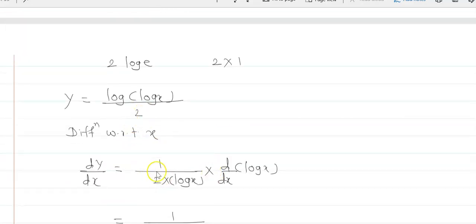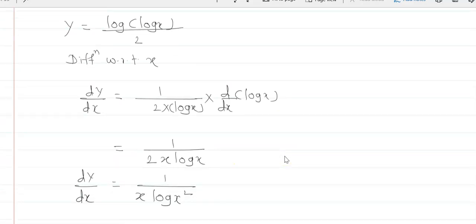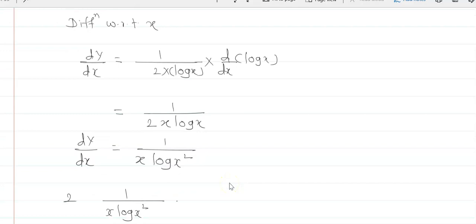Now differentiate this with respect to x: dy by dx is equal to 1 upon 2 times log of x into d by dx of log of x. Derivative of log of x is 1 upon x, that is dy by dx is equal to 1 upon 2, 1 upon x into log of x square. Hence the second option is the correct one.